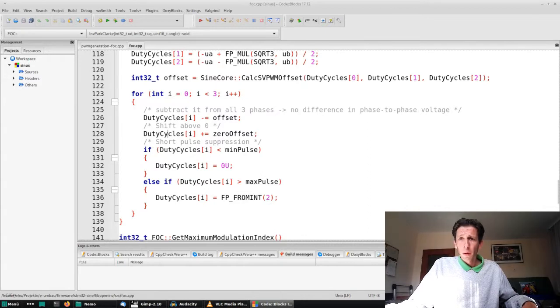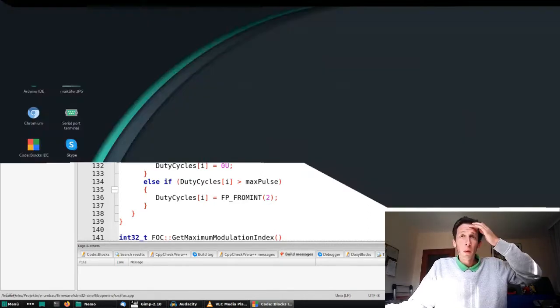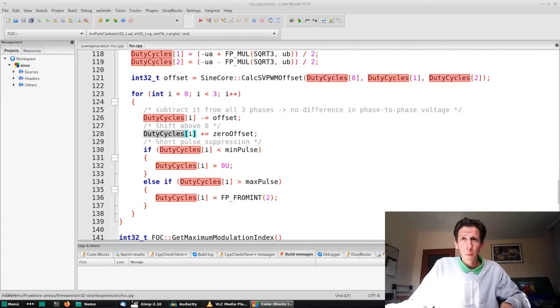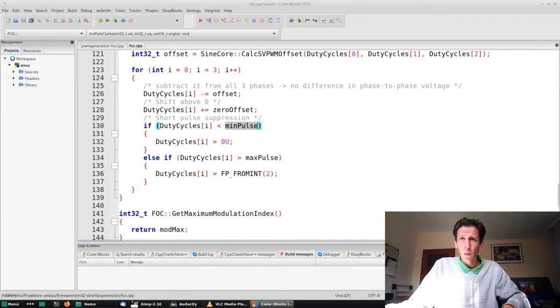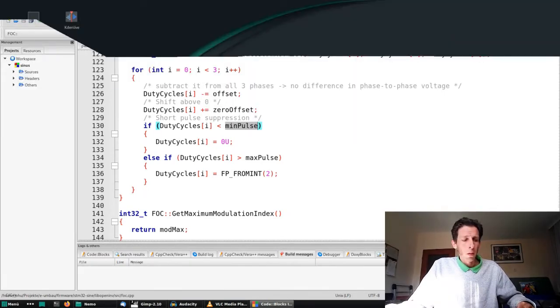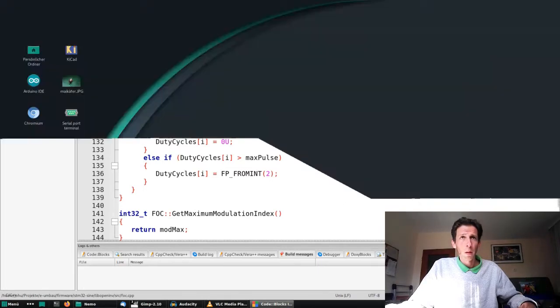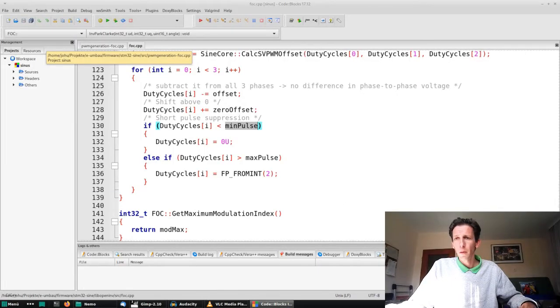Yeah, and we shift it up. We convert the negative values to positive right here, and we do some short pulse suppression. That's also all old code. And yeah, that is pretty much all there is to it.